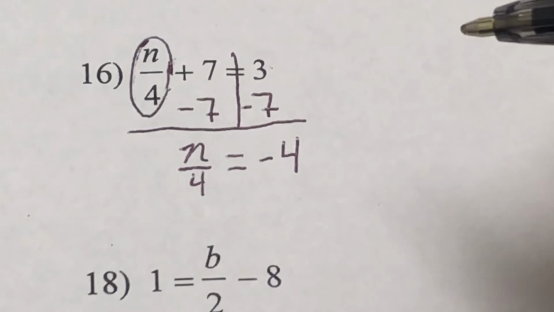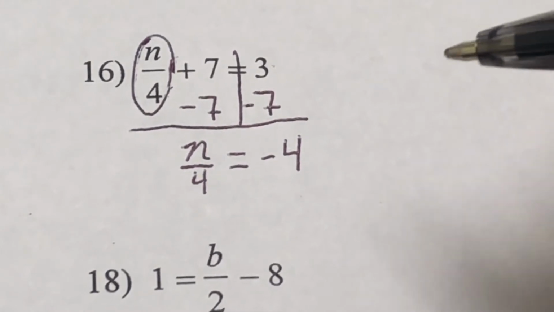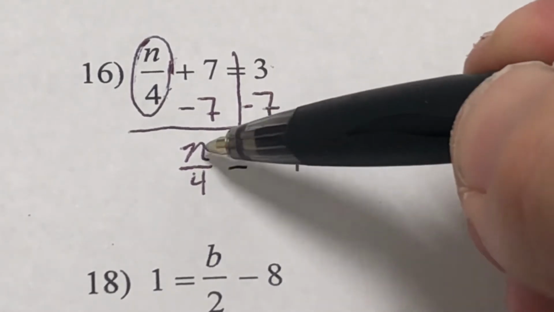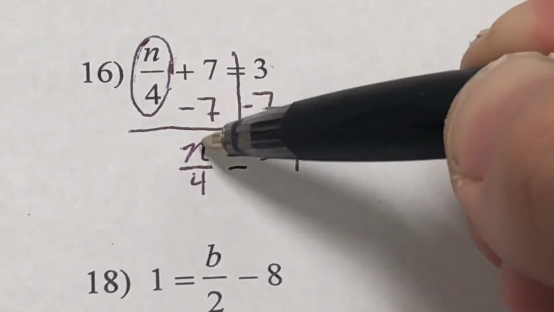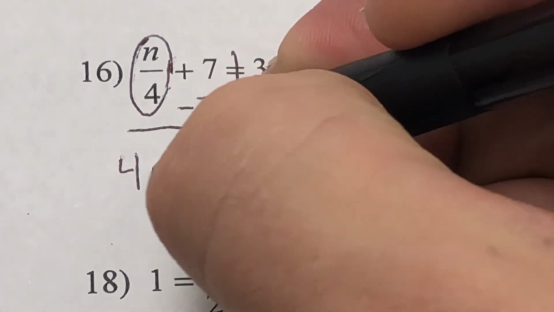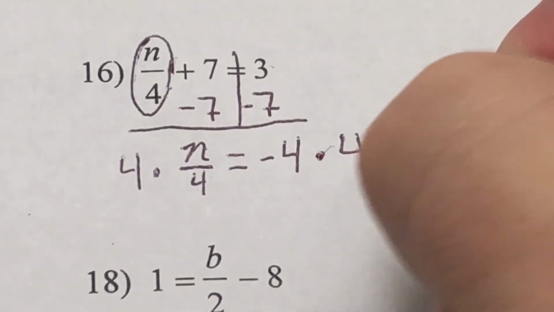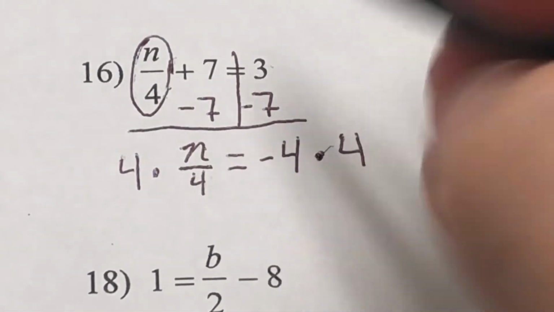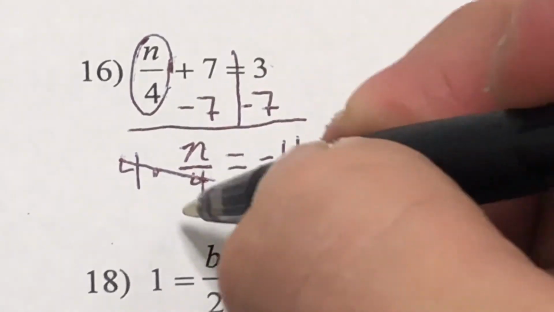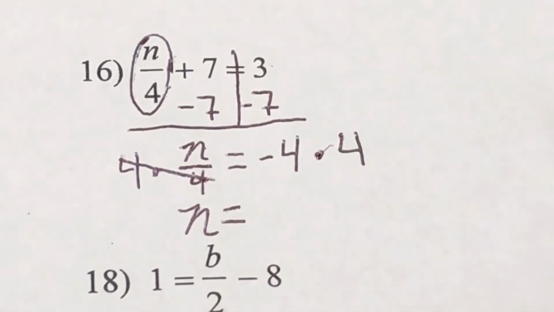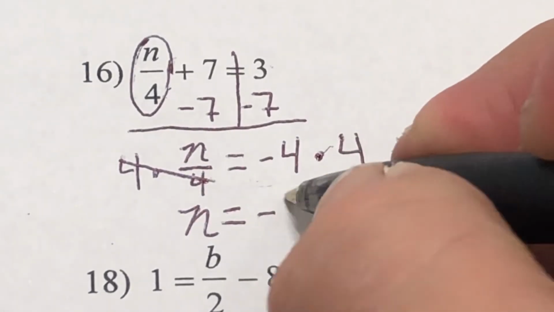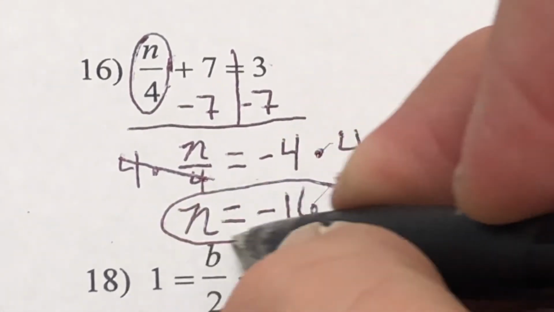And now we're down to a one-step equation, similar to number 10 that we worked out, except this time we have a negative sign. To get rid of a division problem, n being divided by 4, we'll simply multiply. 4 times n divided by 4 will leave us with n, and negative 4 times 4 will give us a negative 16.